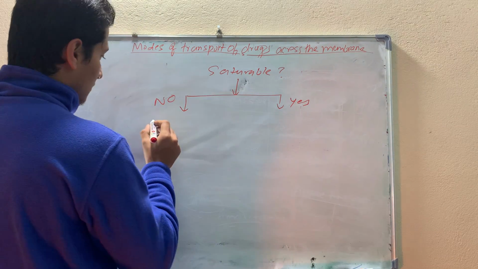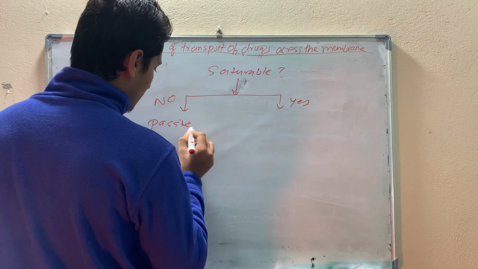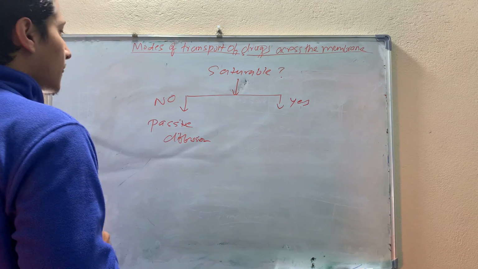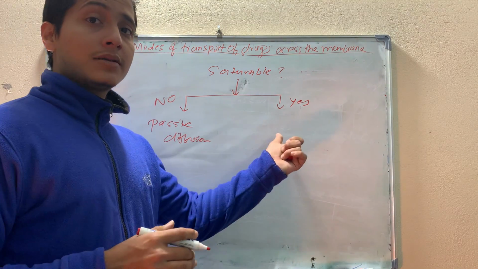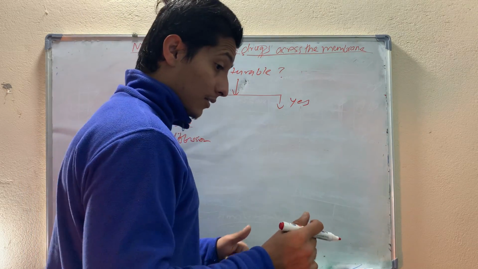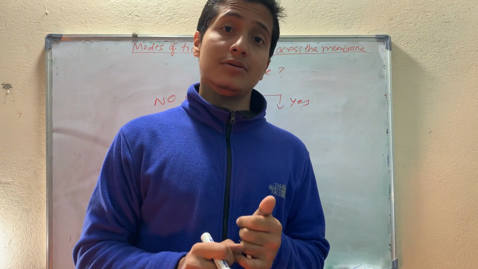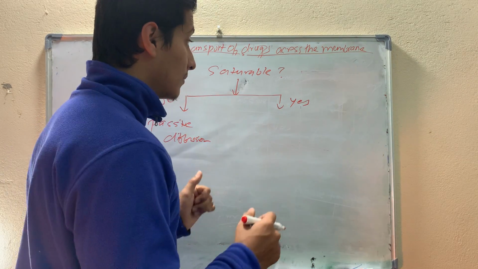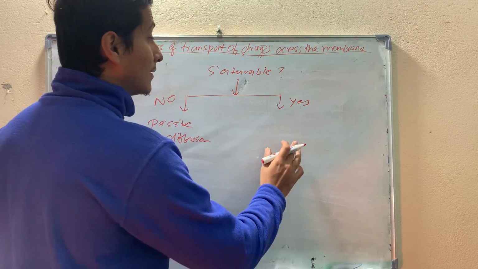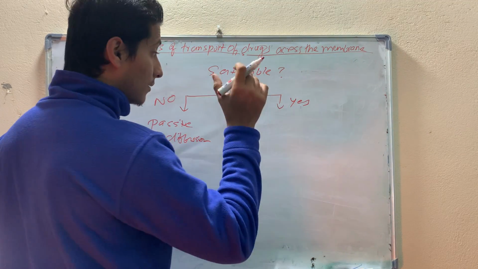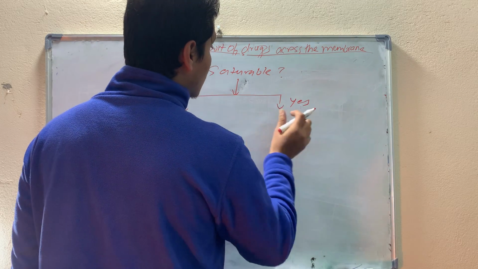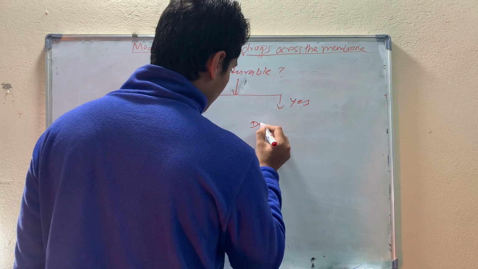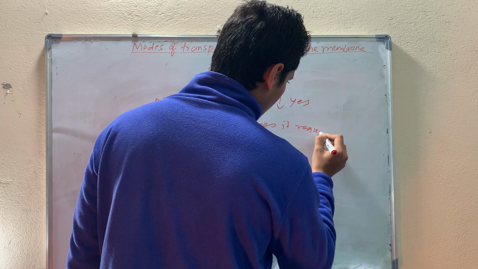If the system is not saturable, that's easy. That is passive diffusion, as I already described by the table and the figures. Now, if the system is saturable, then we have two options. That can be the systems that use carriers, right? To find out which system they're talking about, we have to answer the next question: does it require energy?